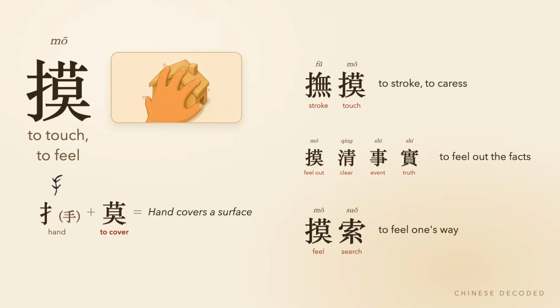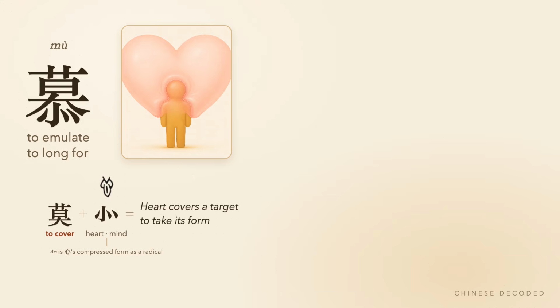And 摸索, to feel one's way, moving forward by touch, tracing what cannot yet be seen. Notice that English uses the expression to feel out a situation, from the same logic of the hand over the thing, taking its shape.